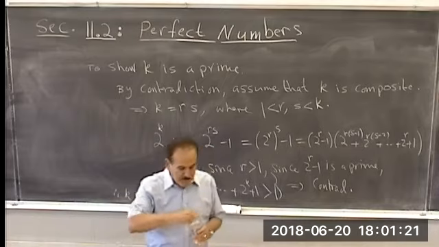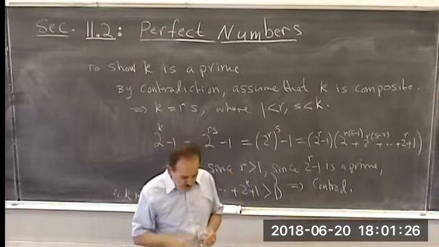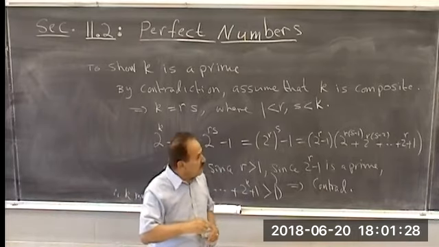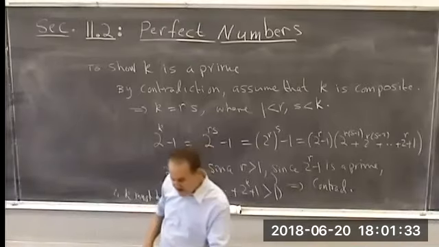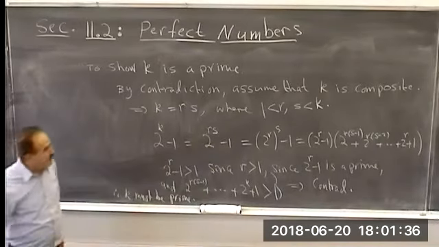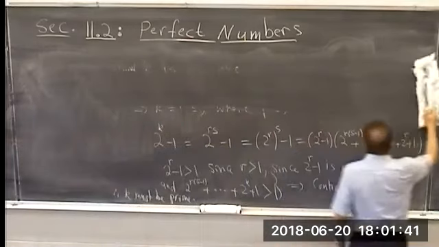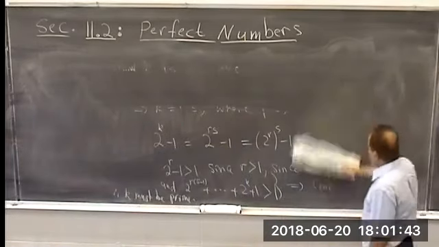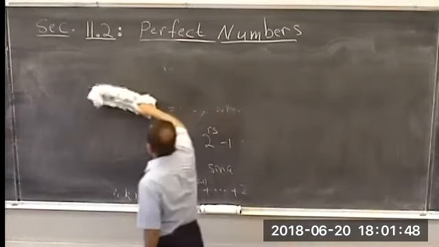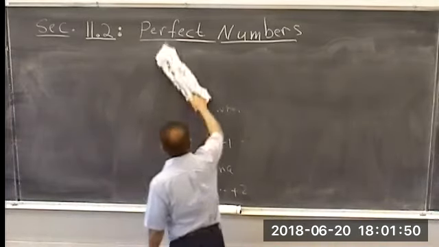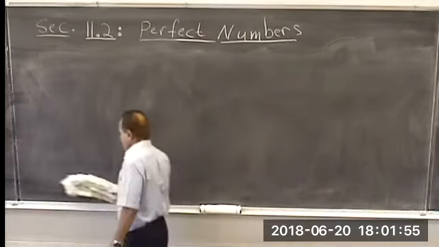Now, let's consider the other way around. So remember that we said that if 2^k minus 1 is a prime, then the exponent must be prime. However, the converse of this statement is not true.